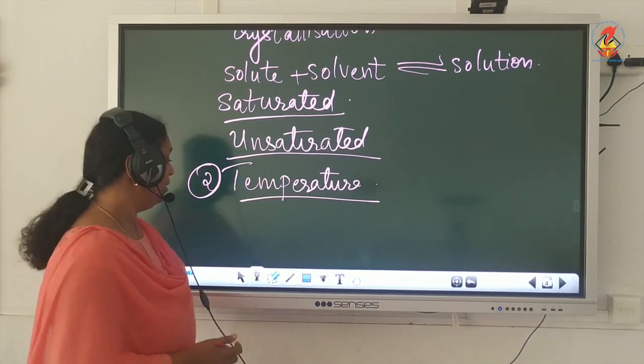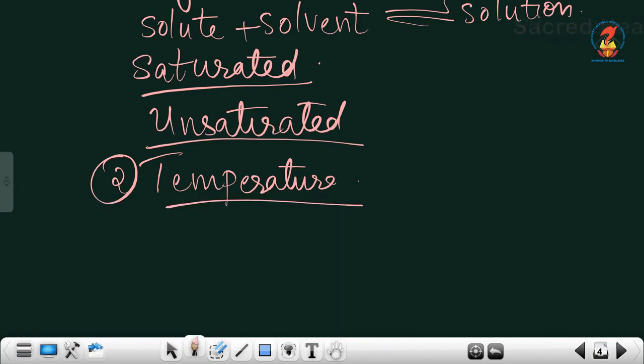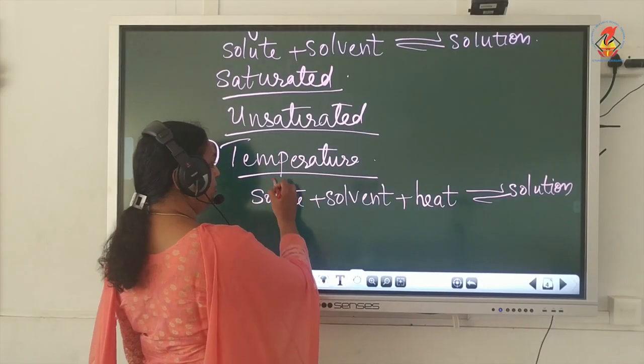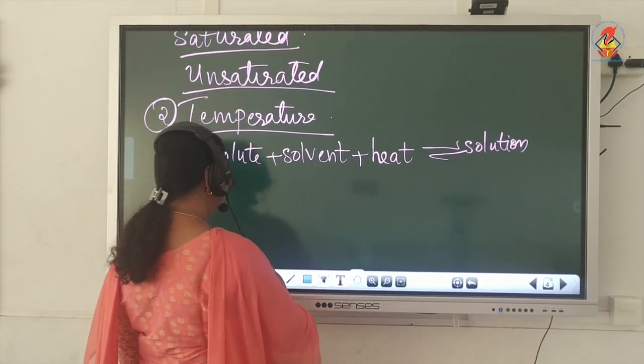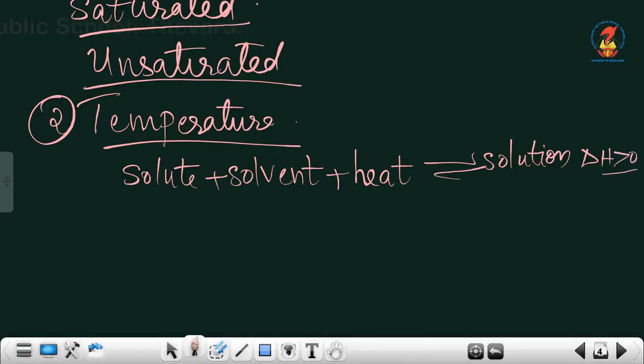Let's see how. If the dissolution is endothermic, we have solute plus solvent plus heat in equilibrium with solution. This is an endothermic process, meaning heat is absorbed, and delta H is greater than 0.